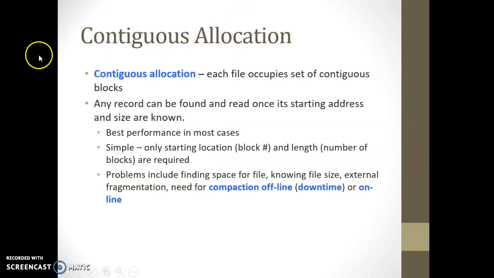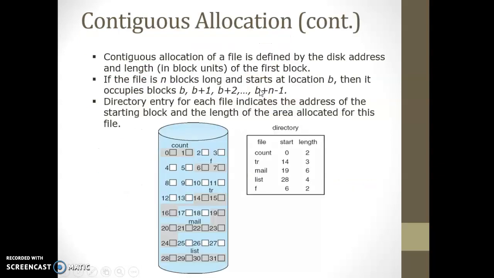Start with contiguous allocation, where each file occupies a set of contiguous blocks. Here is the logical view of how it works. I believe you can read each of the details here. Let us see the example. Contiguous allocation of a file is defined by the disk address and length in block units of the first block.